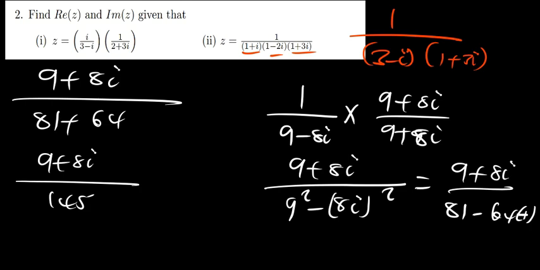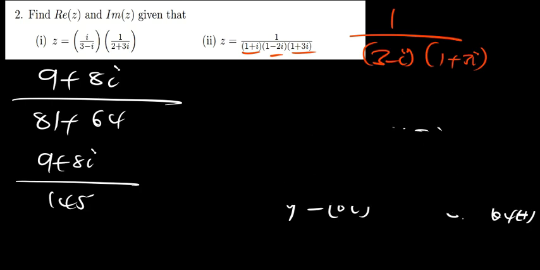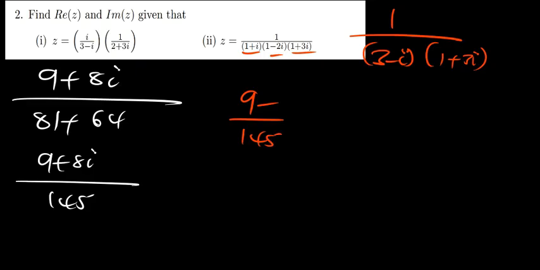So the final answer is 9 divided by 145, then I have minus 8 over 145i. Is there a number which can go into, maybe we try 3.